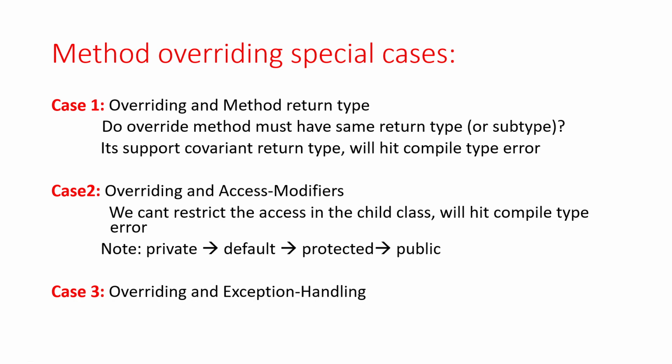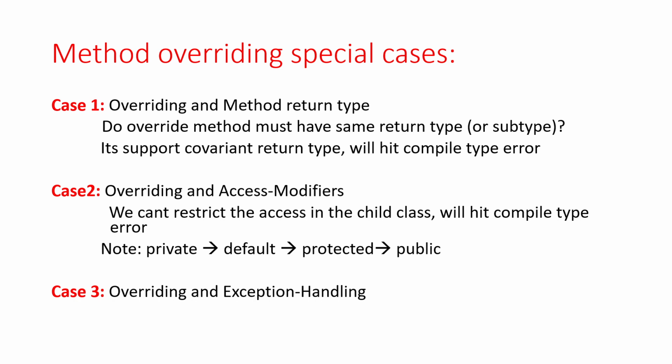And then see case 2. You know, private, public, protected, these are the modifiers, right? How do private, protected, and public play a role in the overriding case? Private means it is not accessible outside the class. Default means it is accessible outside of the class but inside the package.